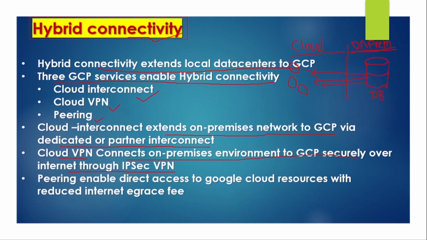Then there is peering, which gives you direct access to Google Cloud resources with reduced internet egress fees. And this egress fee is the bandwidth that you are charged for outbound connectivity. So you can choose any of these services depending on your requirement and budget.